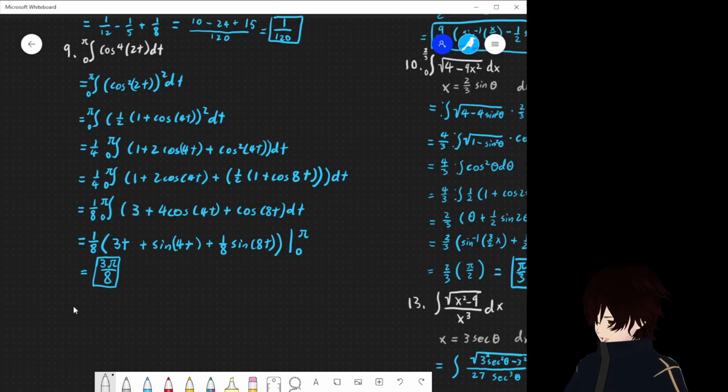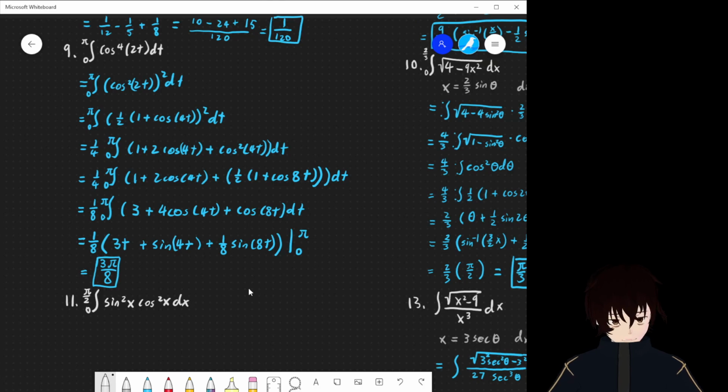Once we're done with 9, we move on to 11. It wants to know the integral from 0 to pi over 2 of sine squared x times cosine squared x dx.